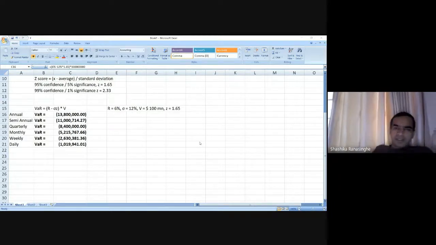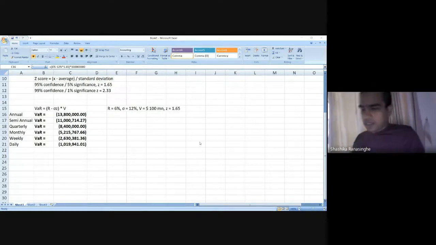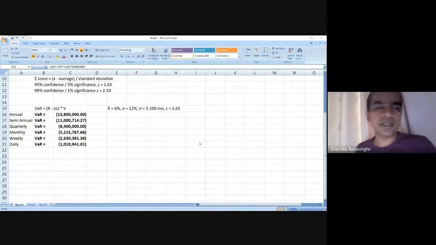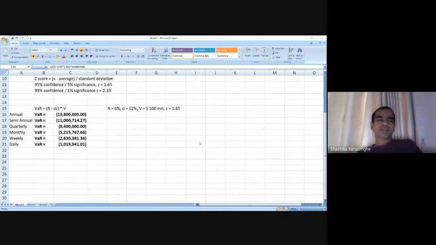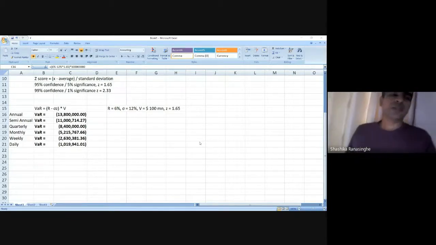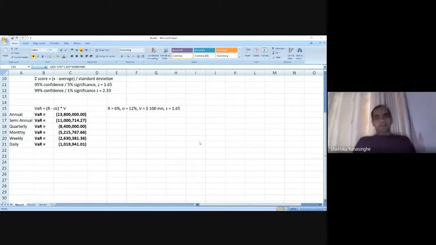Loss of $13.8 million over the next 1 year period. There's 95% probability that over the next 1 year period, your maximum loss is going to be $13.8 million. In other words, there's a 5% probability that over the next 1 year period, your maximum loss is going to be more than $13.8 million. So that's how you need to interpret.